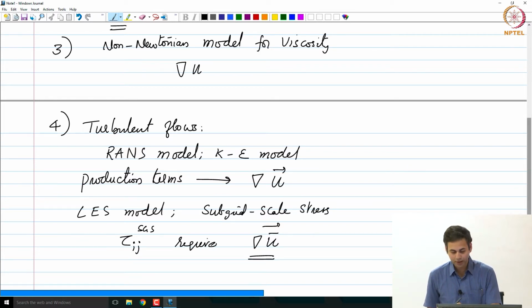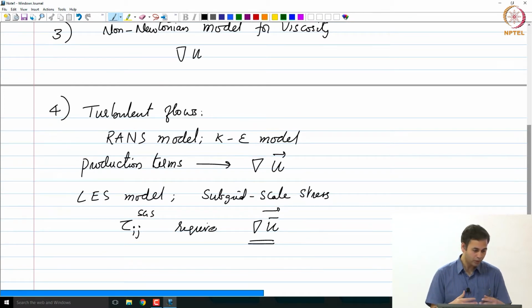So we would need gradients in any one of these instances or in all of these instances. As a result, we need to seek a particular method of calculating the gradients for the dependent variable. So that is the motivation to come up with a method that can calculate the gradients of the dependent variables.